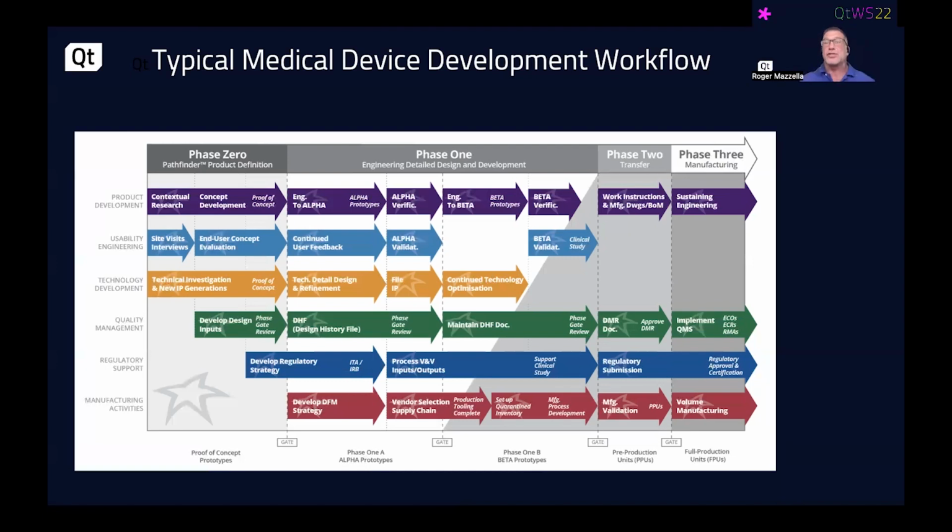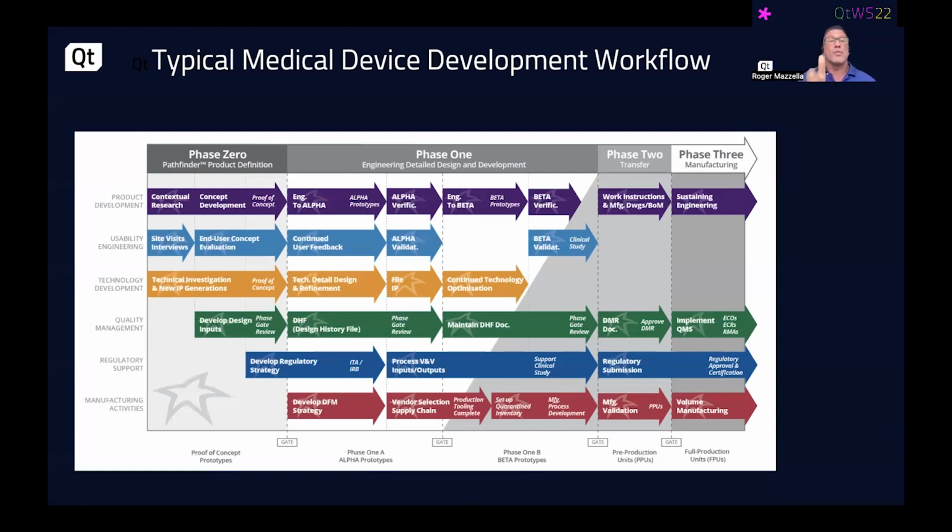And in the medical industry, there are strict testing protocols for your human factors and usability testing. Typically the usability testing is done down in phase 1, where you have the alpha and beta validation that goes into your clinical study.